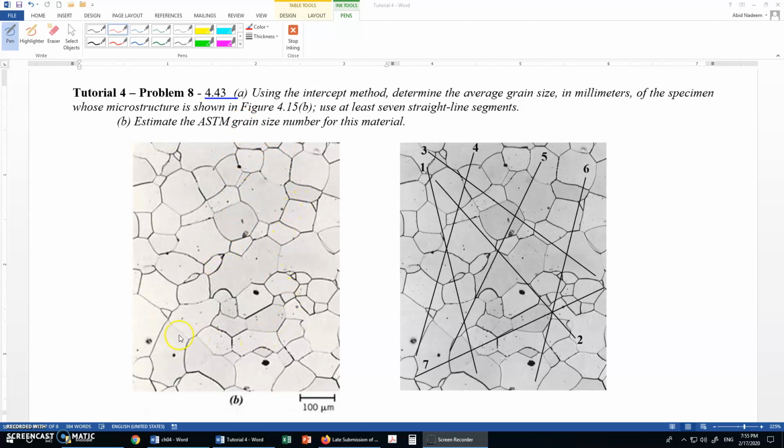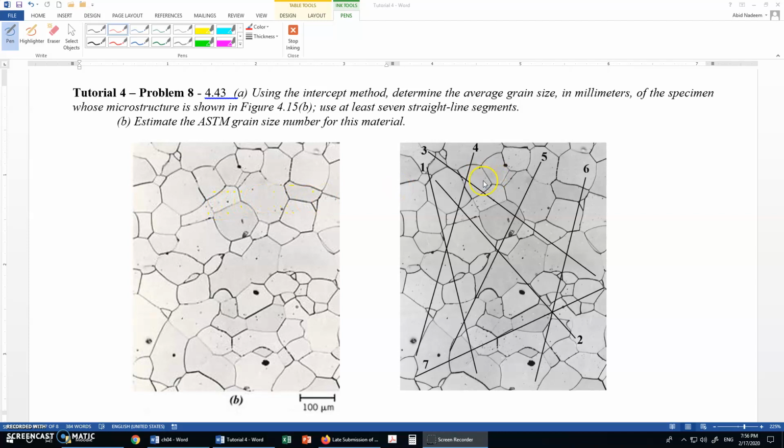For example, if you print it, maybe each line is like 60 millimeter. Or the other way is to draw the lines using some drafting tool on a computer, such as AutoCAD or any other suitable approach.